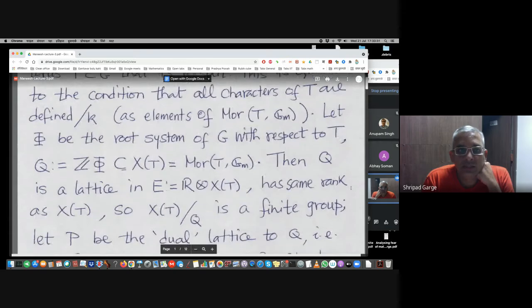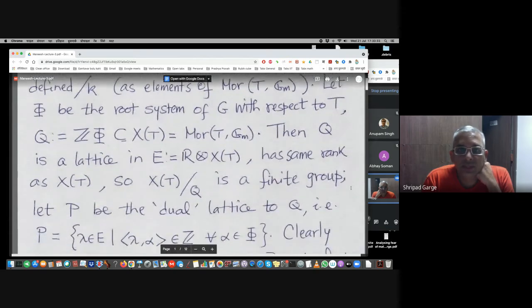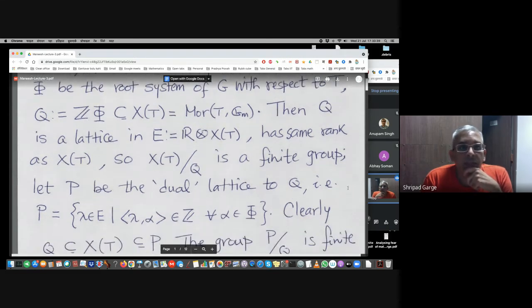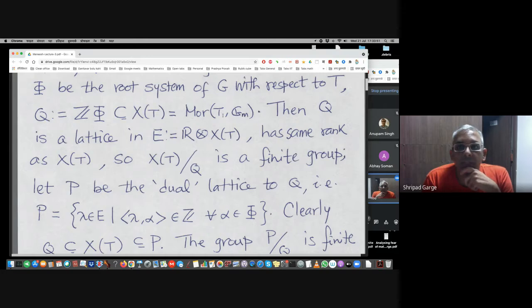We start with the root system capital Phi for G with respect to T. Then we have the root lattice. So this capital Q is the root lattice which sits inside the group of characters X(T), the characters of the torus. So these are group homomorphisms from T to Gm.